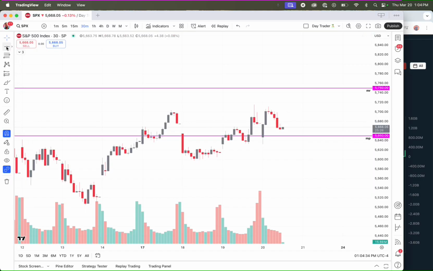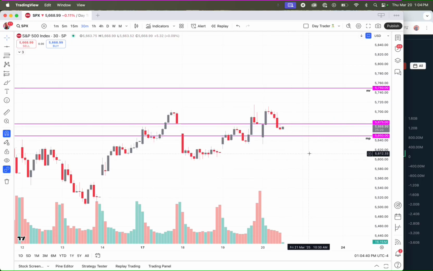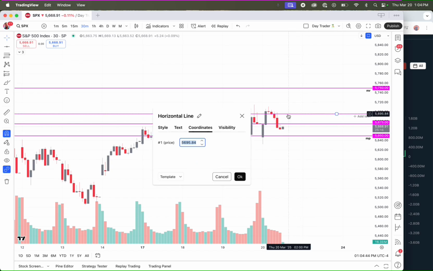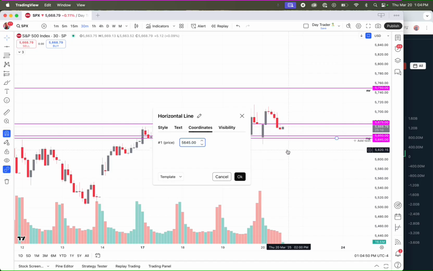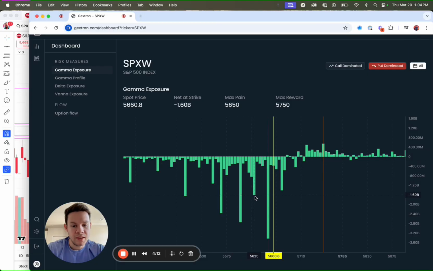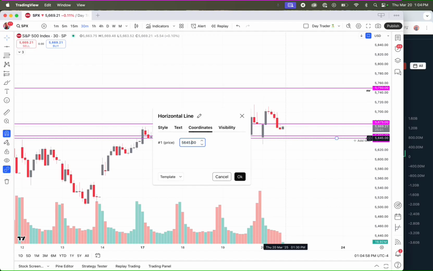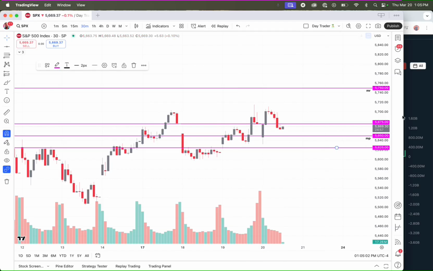So let's mark those lines. 5675, and you can see it starts telling you a story, like these areas do have a significant meaning. 5645, I believe that's what that was. Oh, it might have been 5625. Okay, 5625.